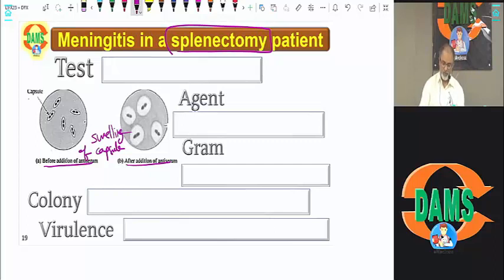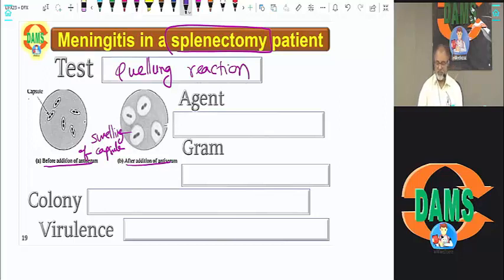What is the name of the test? That's all, Quellung reaction.